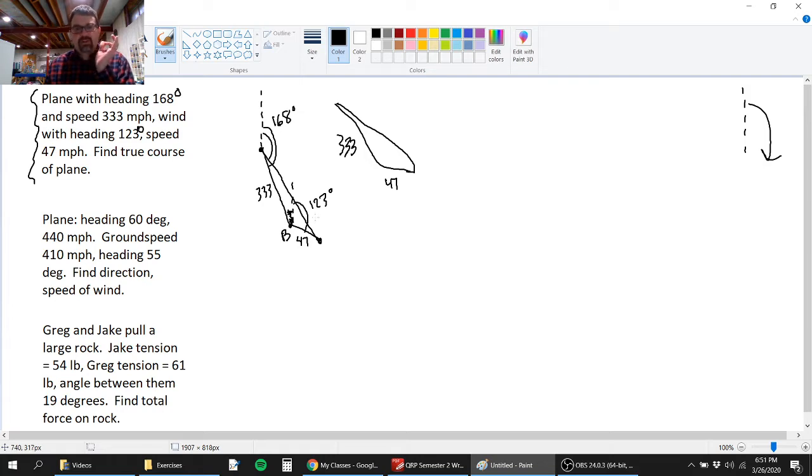Now here's where our parallels come in. So dash line, those are parallel. And we have dash line, the 333 line, and then a dash line, where this is the 168 that we labeled in the picture. So if that's 168, you can actually figure out what that is two different ways.